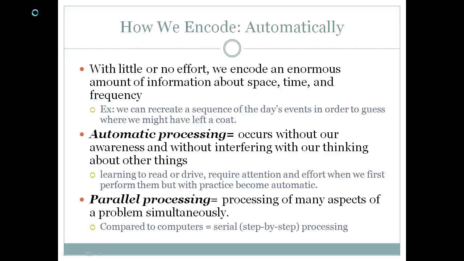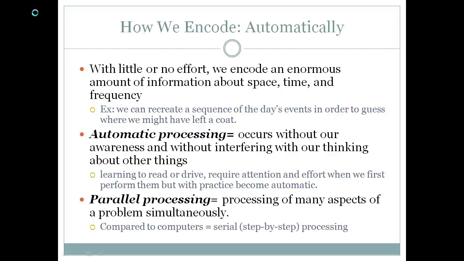So it doesn't require a lot of thinking about other things. At first, many things that eventually become automatic don't start off that way. So when you're first learning to read or you're learning to drive, it requires your full attention and your full effort. But the more and more you practice them, these things are able to then be done automatically.